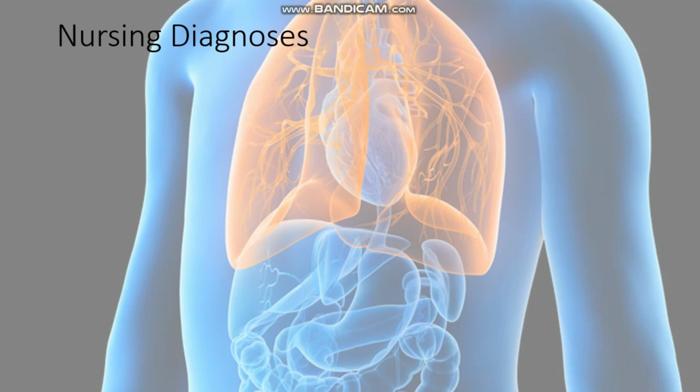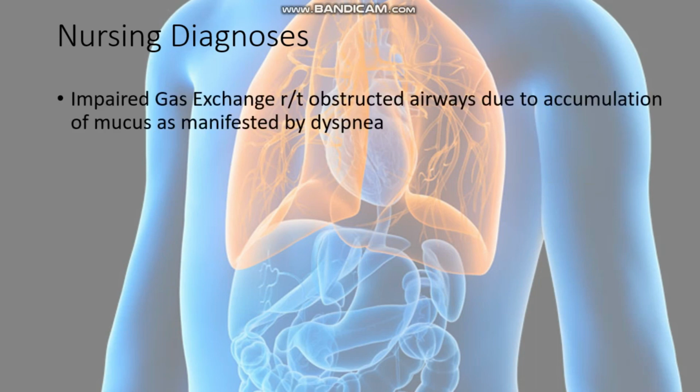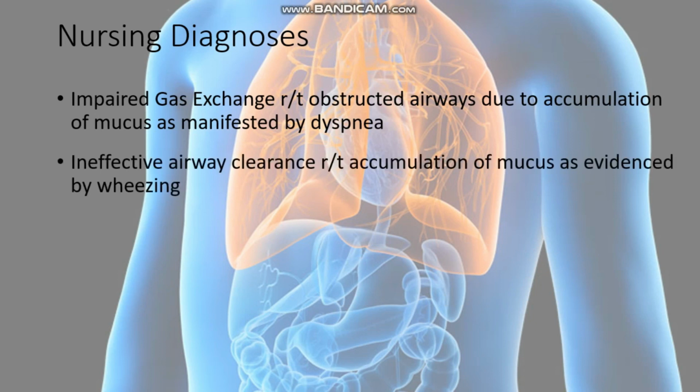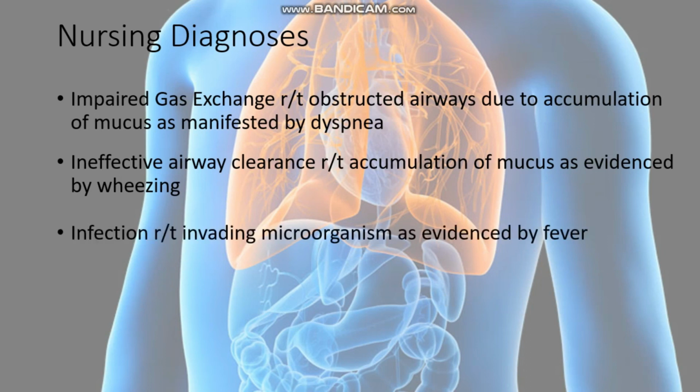Some of the nursing diagnoses of cystic fibrosis are impaired gas exchange related to obstructed airways due to accumulation of mucus as manifested by dyspnea; ineffective airway clearance related to accumulation of mucus as evidenced by wheezing; and infection related to invading microorganisms as evidenced by fever.